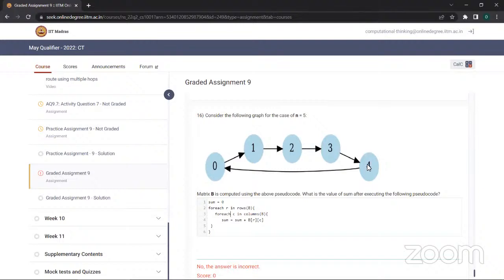When you say there is an edge from 4 to 0, what is the meaning of that? There is a way to go from 4 to 0. Correct? Yes. So as per the one hop matrix, there is a way to go from 0 to 0 also. You applied one logic for all the paths from 0 to 1, 1 to 2, and so on till 4. Only for this one last path, you cannot apply different logic.